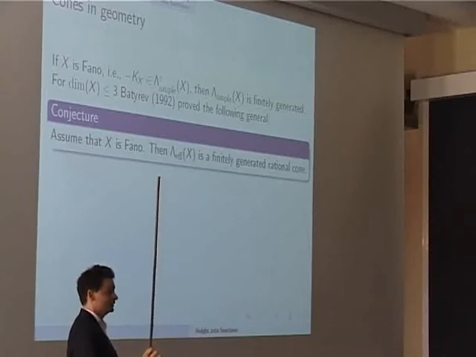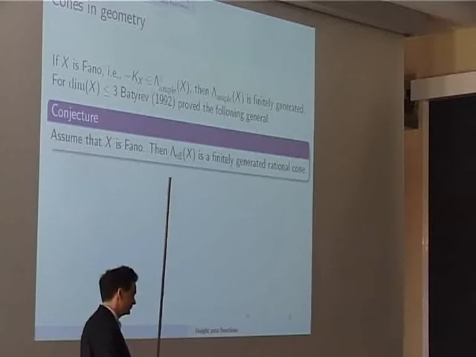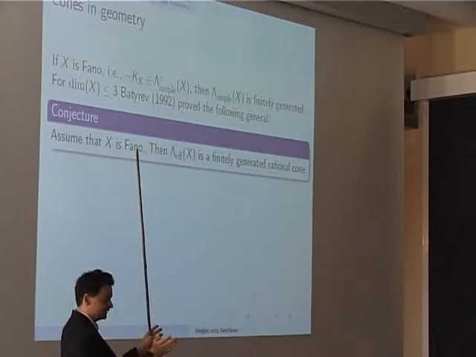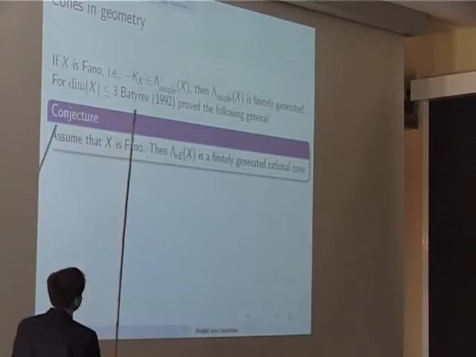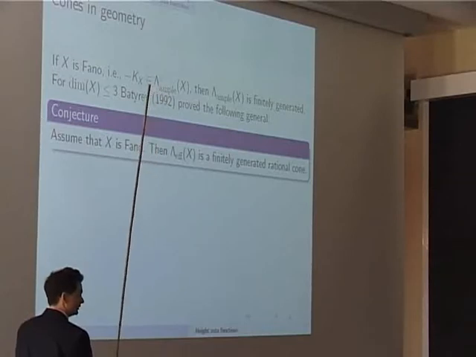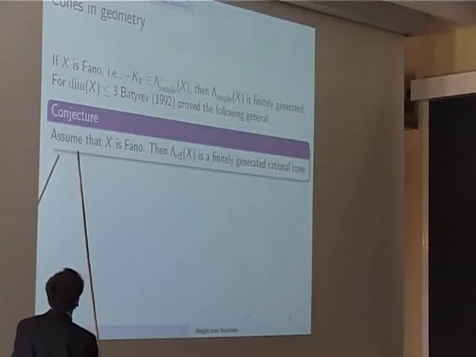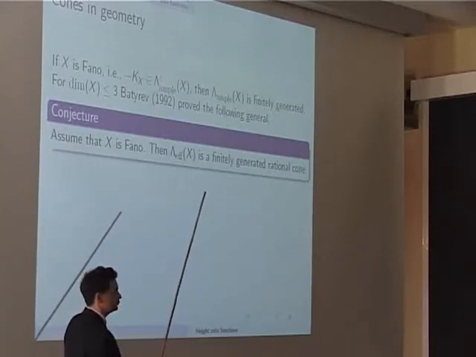The effective cone is a priori bigger, and if you look already in the case of surfaces, do some explicit computations, it is very easy to write down examples. But using the minimal model program, which is a theorem in dimension 3, one proves the following general conjecture: if X is Fano, then the effective cone is also finitely generated.